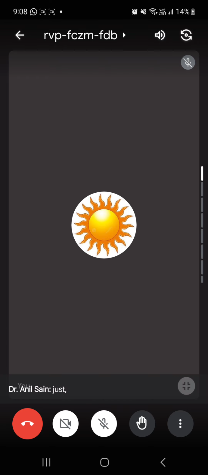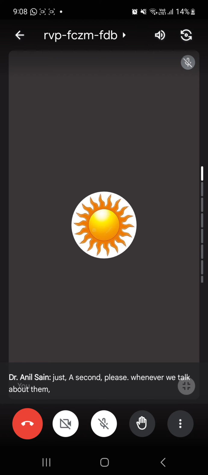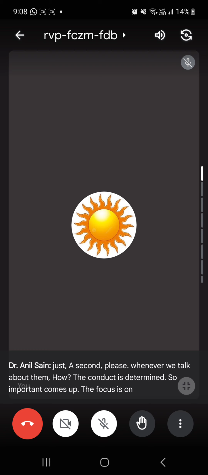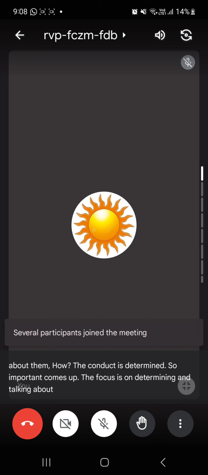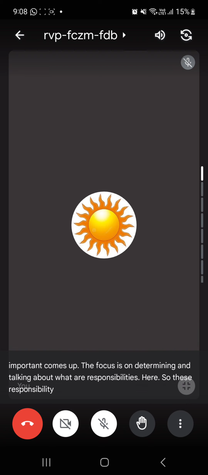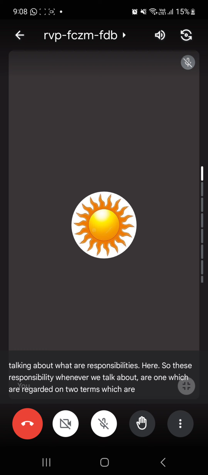Just a second, please. Whenever we talk about them, how the conduct is determined. So what is important is that the focus is on determining and talking about what are responsibilities. Clear? So these responsibilities, whenever we talk about, are regarded on two terms which are very important.